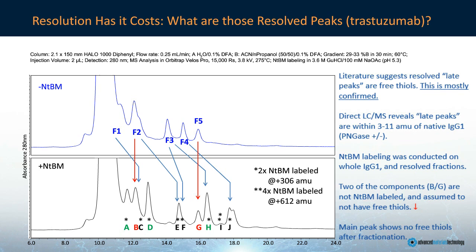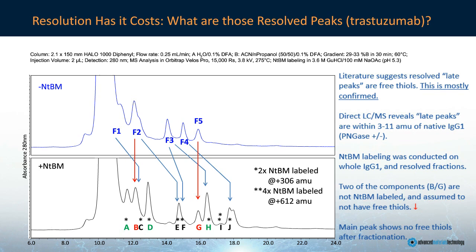The top blue panel is a control without the label. Then when we added the maleimide labeling reagent, to understand the site-specific disulfide variants, we were able to pull apart a variety of peaks.